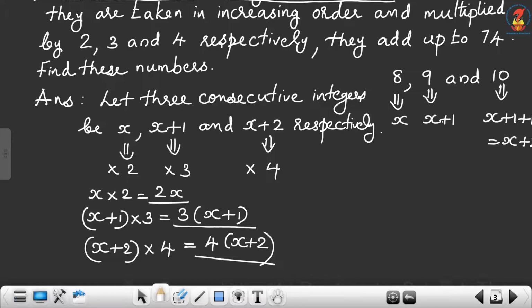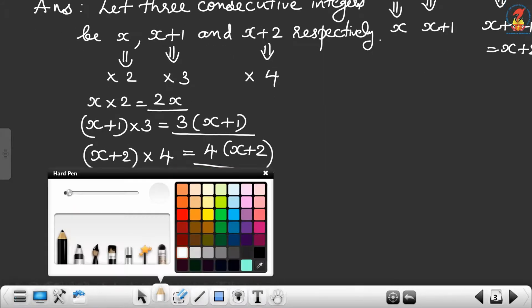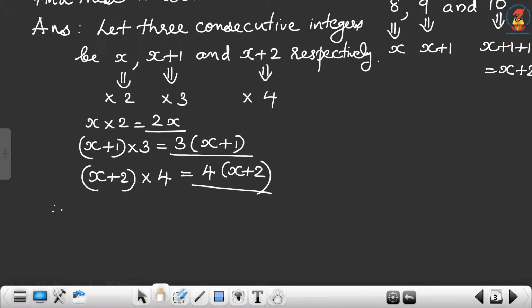And after multiplying, they add up to 74. After multiplying you have to add them, then you will get the sum as 74. Therefore 2x plus 3 into x plus 1 plus 4 into x plus 2.